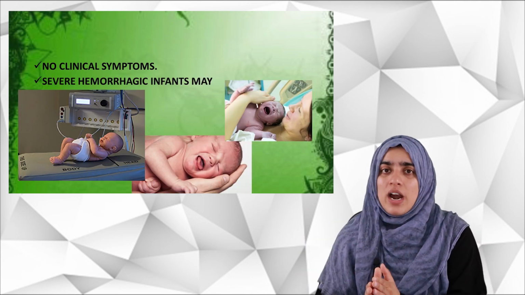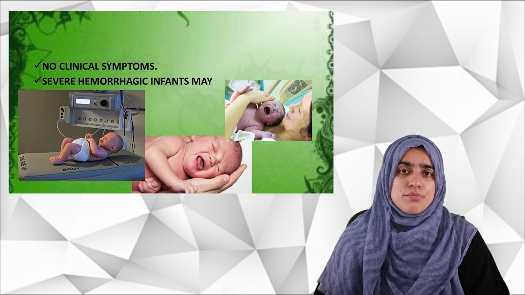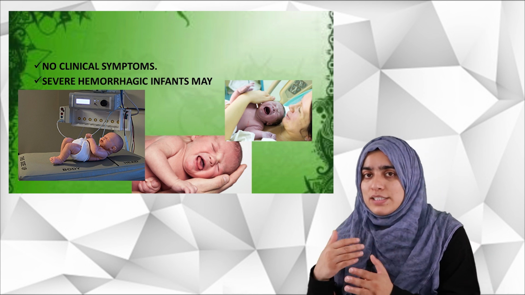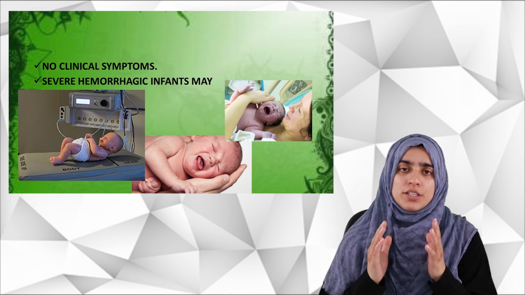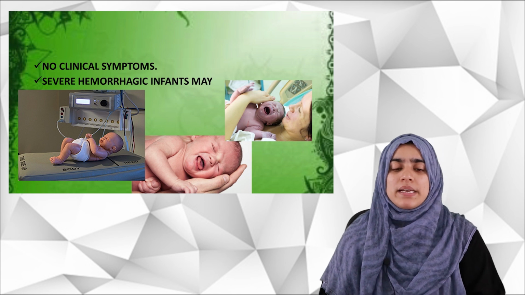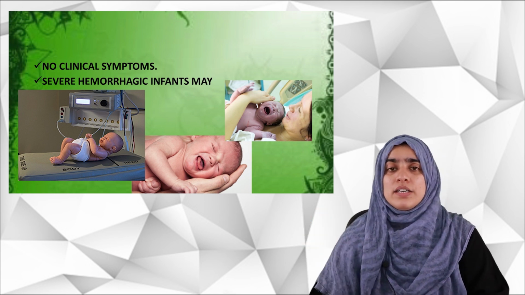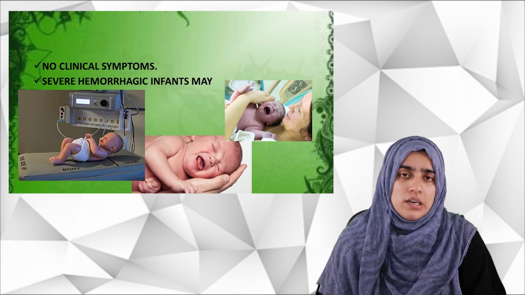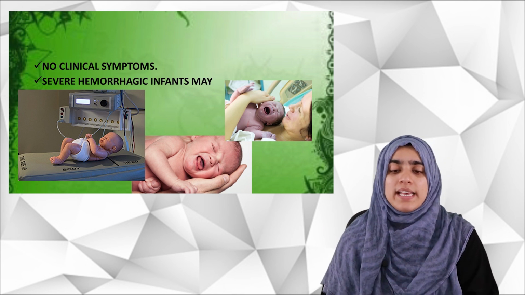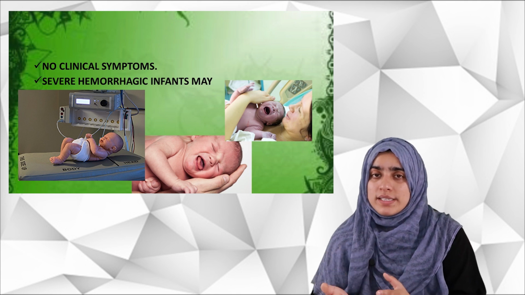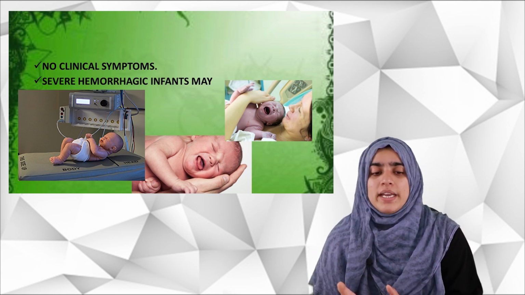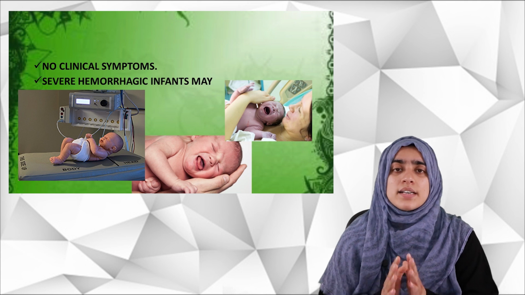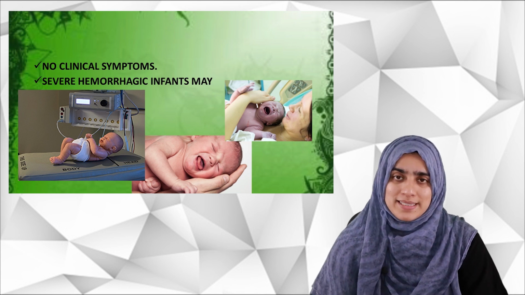Premature infants who have severe hemorrhage may have symptoms like decreased muscle tone, apnea, pallor, or cyanosis of the body, as well as poor sucking, a high-pitched cry, and convulsions.